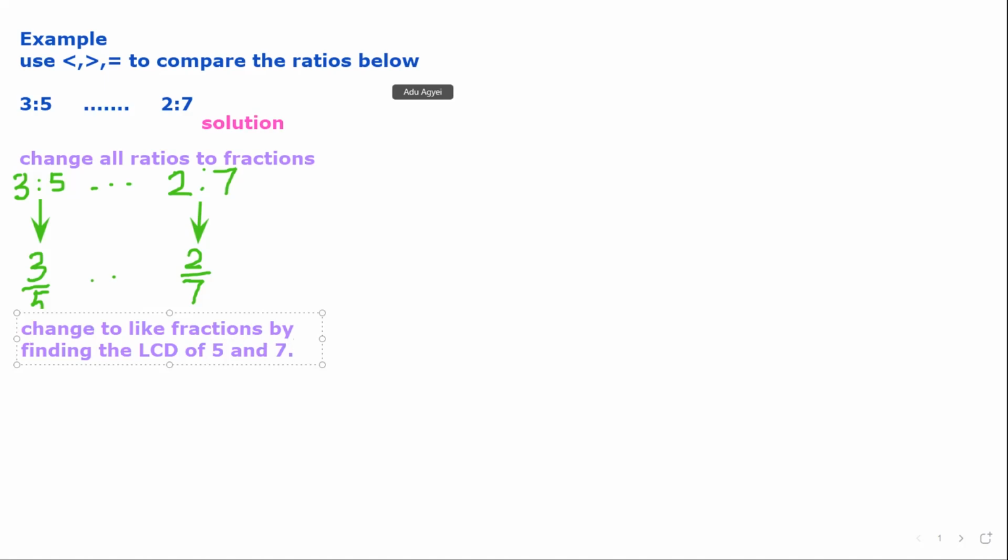Okay. So you are going to find the LCD of 5 and 7.